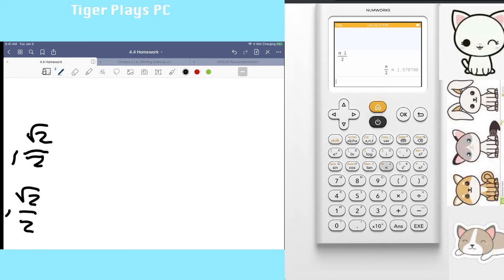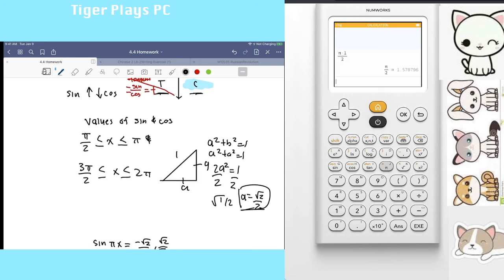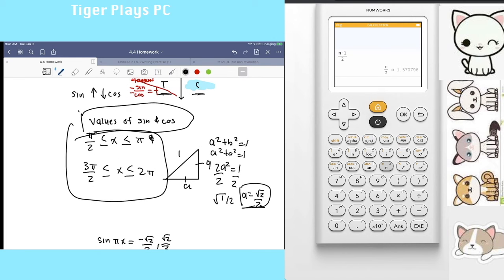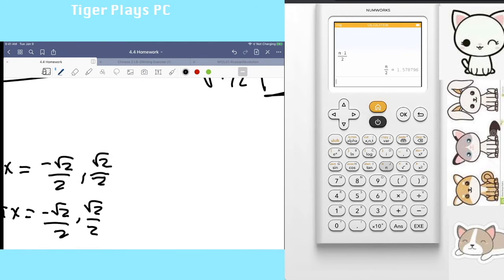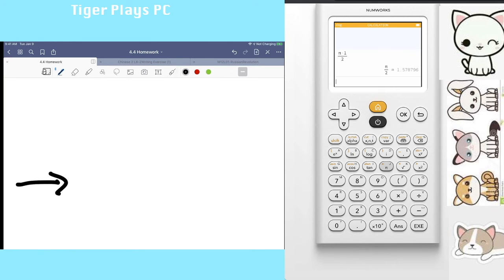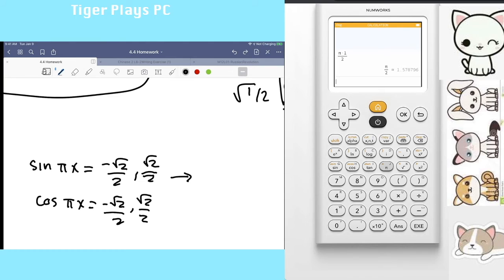Awesome! So let's find all the values between the restrictions we gave right here. We have to follow these restrictions right here. So, let's set the values. So let's first find out all the values when sine equals negative radical 2 over 2.